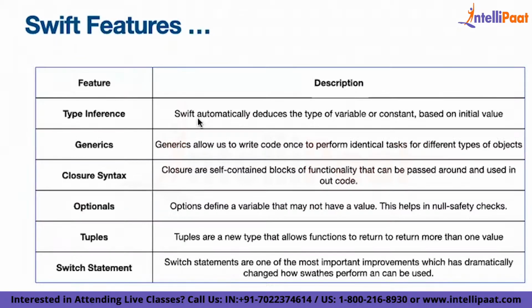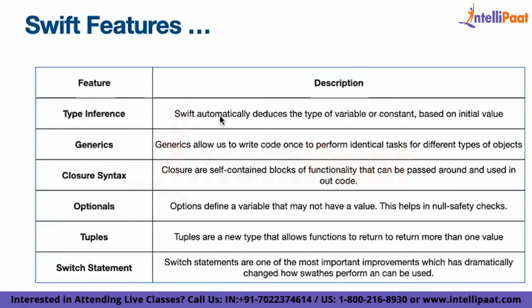Right? So these are the things that are new to Swift. These were not there, maybe they were there in Objective-C or they are there in Kotlin. But the way that they are here in Swift, it's totally enhanced.